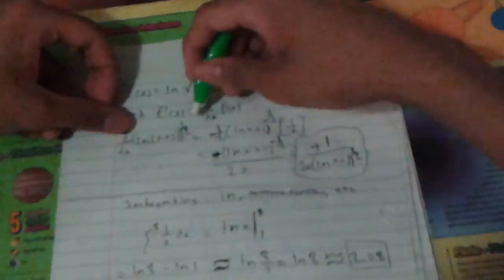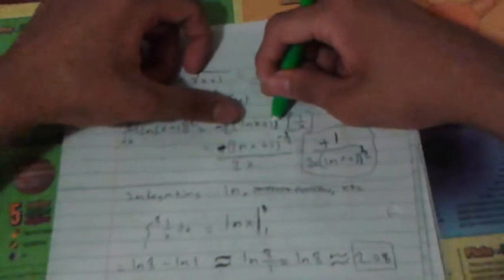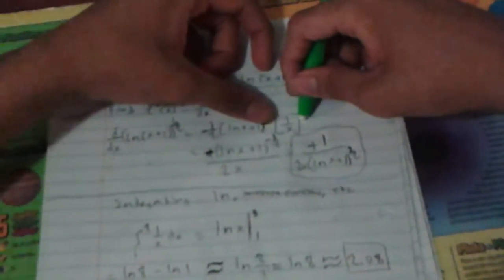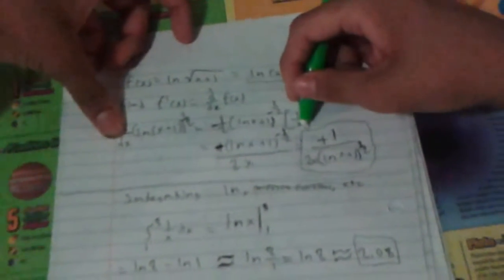First we're going to deal with the power rule, since it's the outside function. So we bring that half in front, 1/2. We subtract by 1, so we end up with -1 up here. And we keep the inside function by itself, right there. And then outside, we multiply it with the derivative of ln x plus 1, which is just 1 over x.